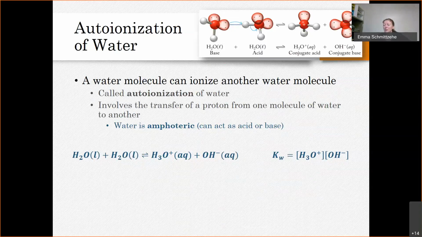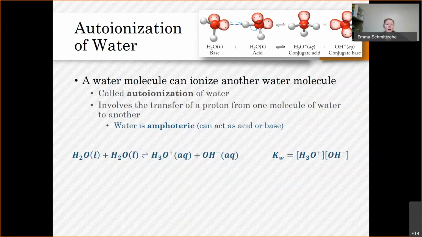And so we label it as KW, because it's the K for water autoionizing. So for this autoionization reaction, that K value is equal to the product of the hydronium ion concentration and the hydroxide ion concentration.